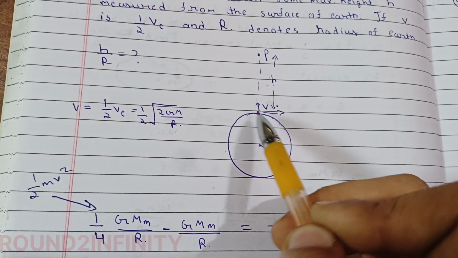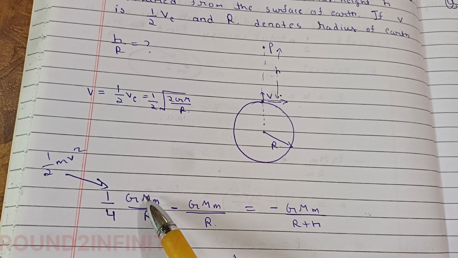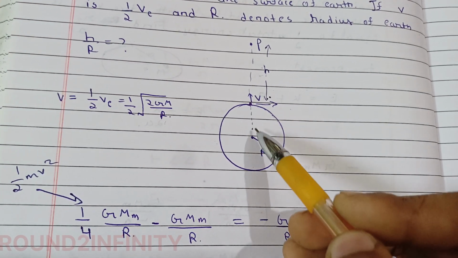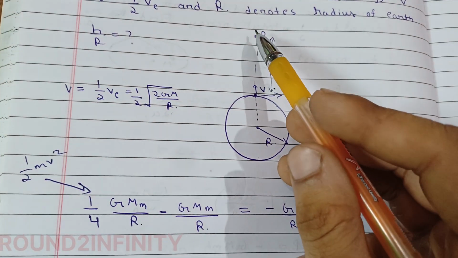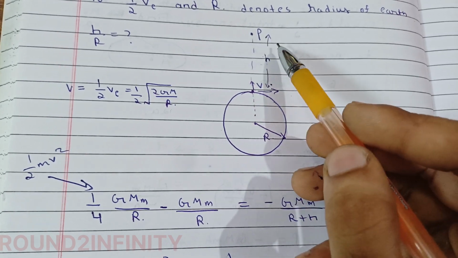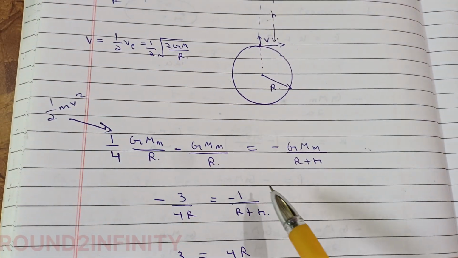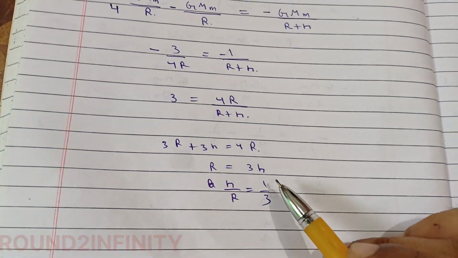Kinetic energy will be half m v square, which gives 1/4 GMm over R. Now the potential energy at this point will be minus GMm over R. So this is the total energy at this point. Now at the top, v tends to 0 and we have only potential energy, that is minus GMm over R plus h. Now we have this equation, and solving it we can find the ratio h by R, which will be equal to 1/3.